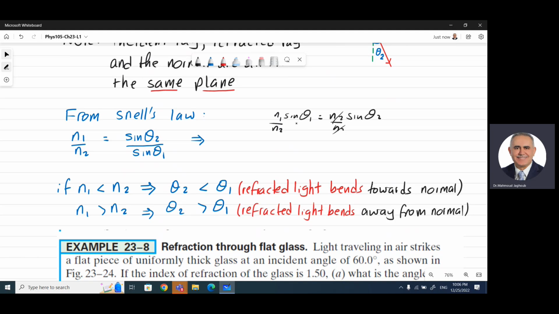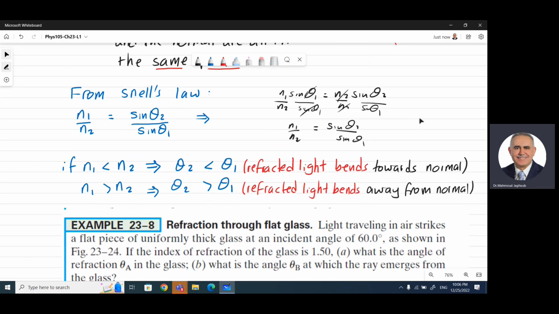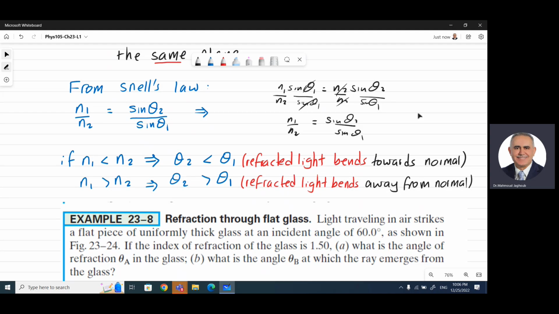And divide by sine theta 1, so sine theta 1 cancels out. So we end up with N1 over N2 equals sine theta 2 over sine theta 1. It comes from Snell's law. Okay. Look at this. N1 over N2 equals sine theta 2 over sine theta 1.